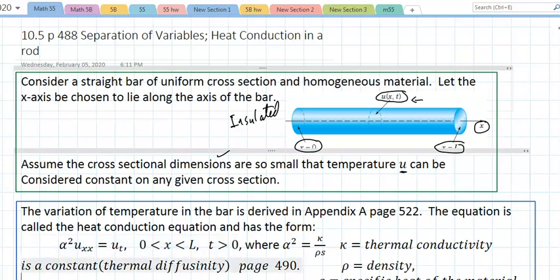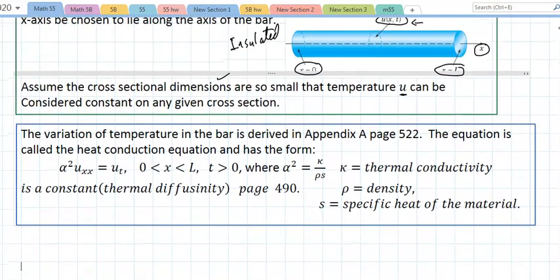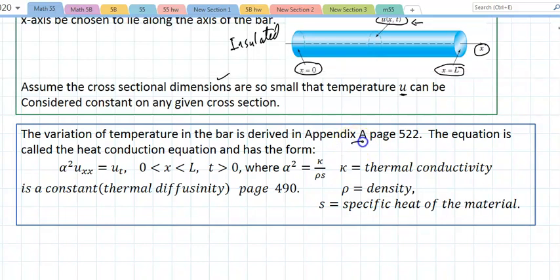The second thing that I boxed, the variation of temperature in a bar, is derived in Appendix A on page 522 in our book.